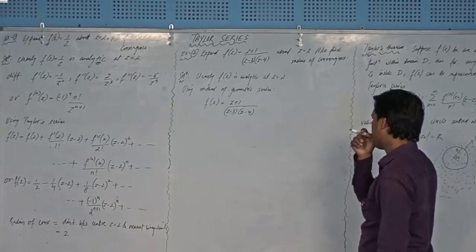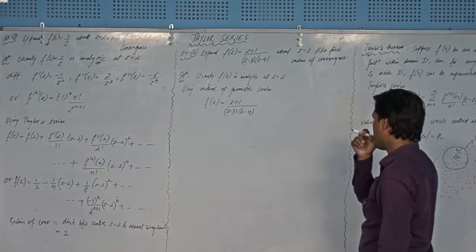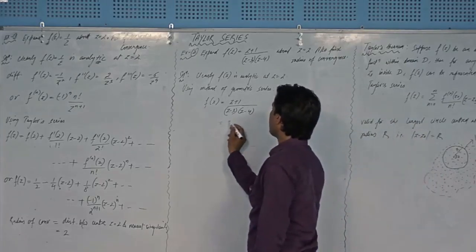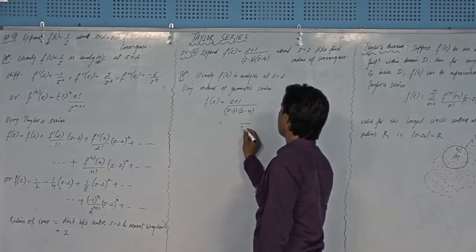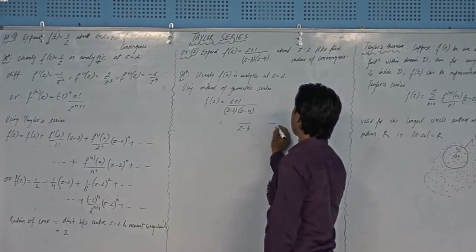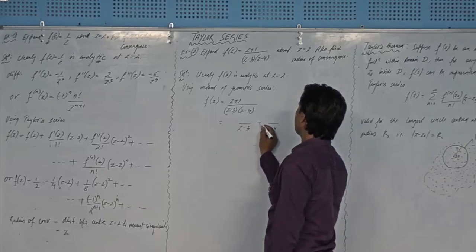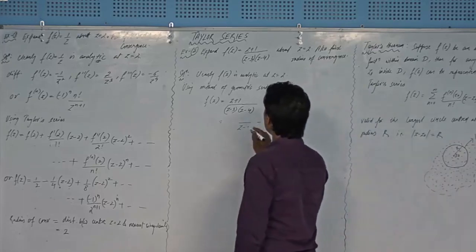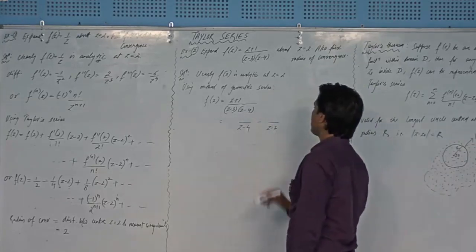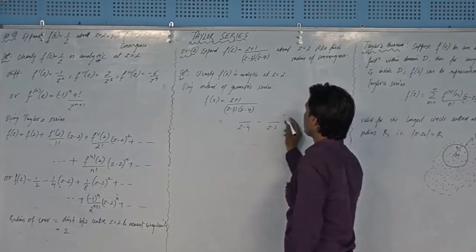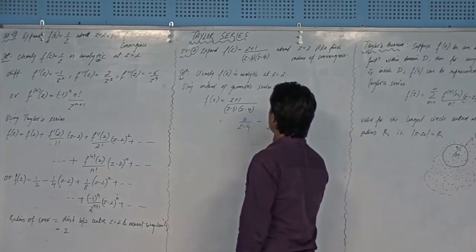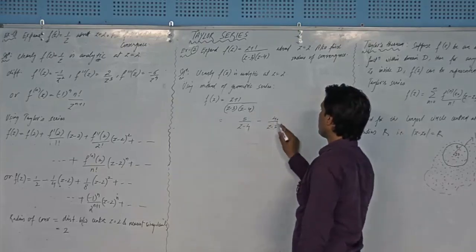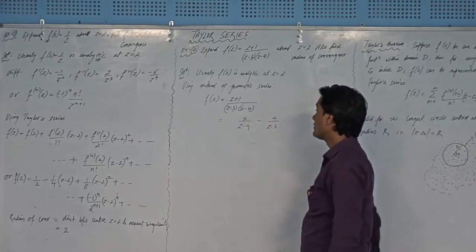I think it will give 5 over z minus 4, minus 4 over z minus 3, right? If I take 5 here and 4 here, 5z minus 4z will be z, and minus 15 and plus 16 will be 1, right? Fine.